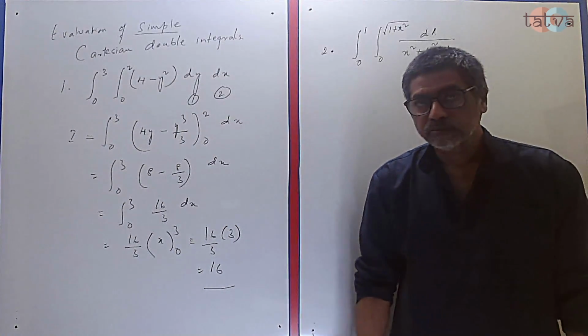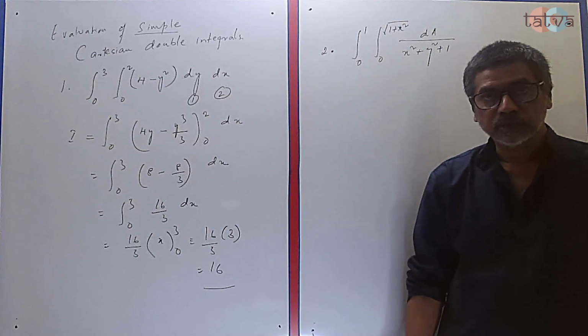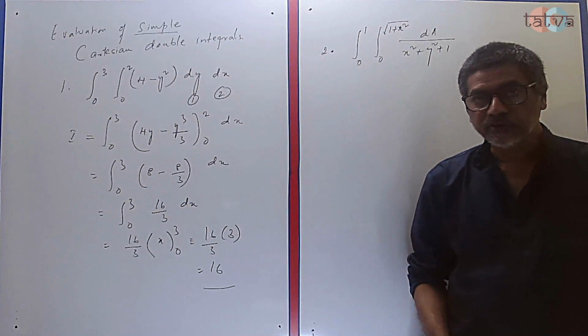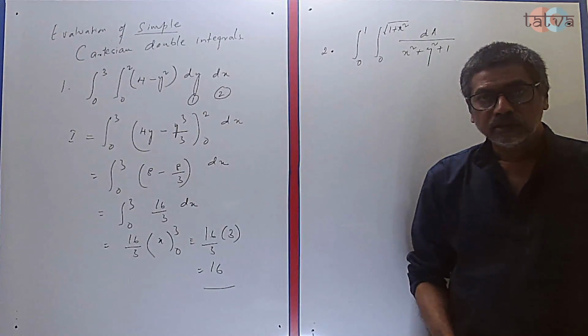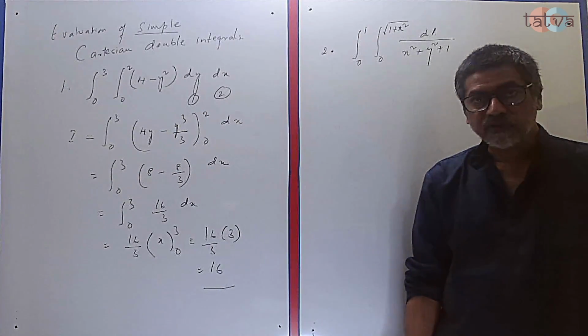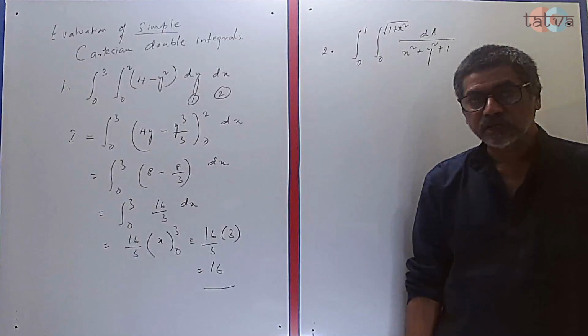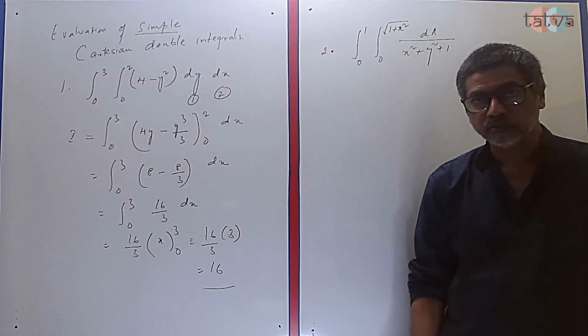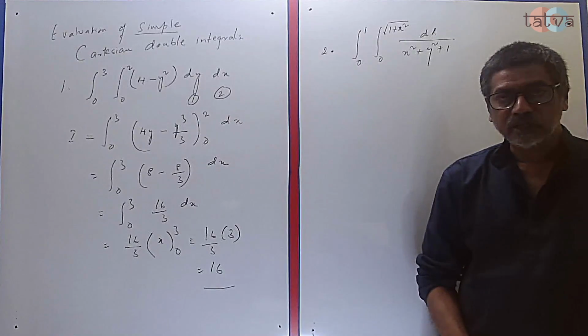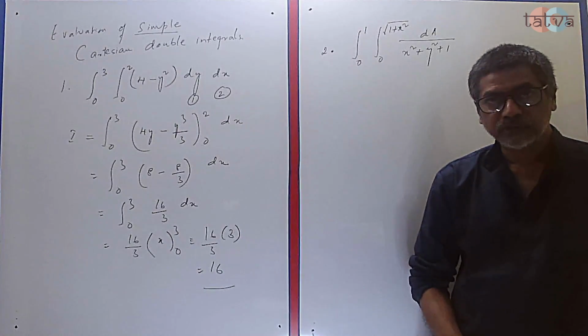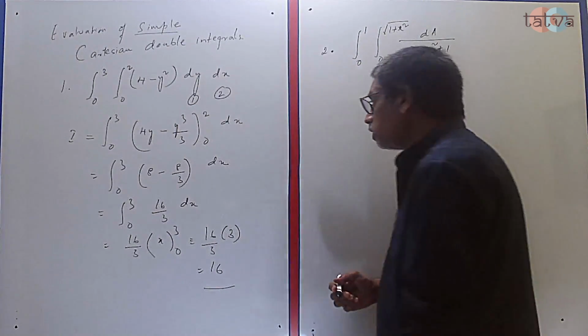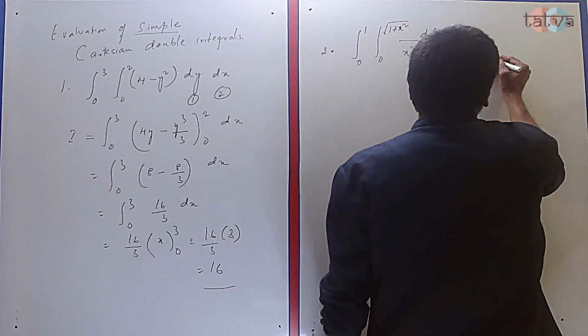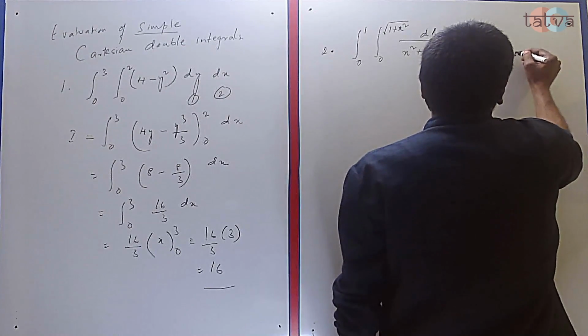So we know that dA is the area element, and if you look at the limits of integration, the inner limits are functions of x, which means that the region of integration is definitely not a square or a rectangle. So when you have inner limits as functions of x, then dA should be transformed into dy dx.